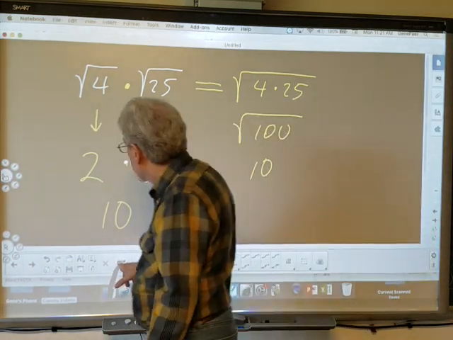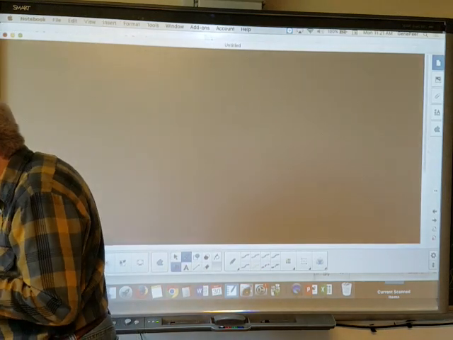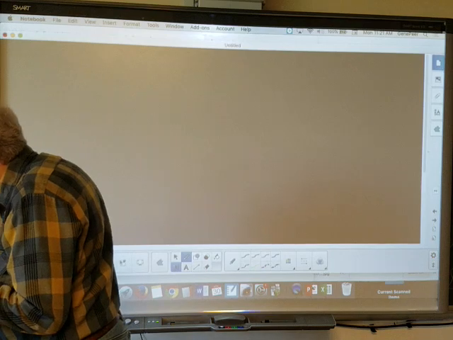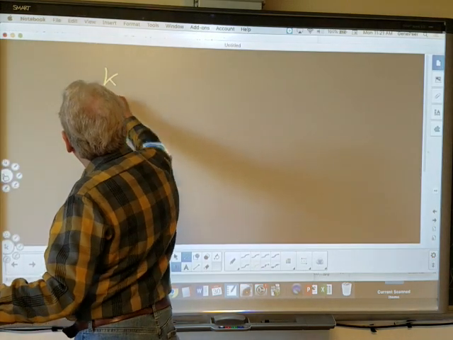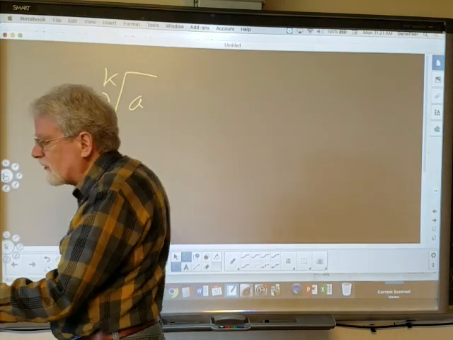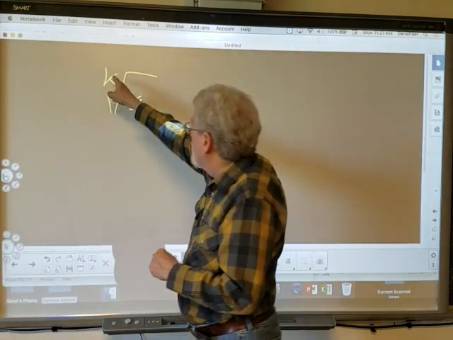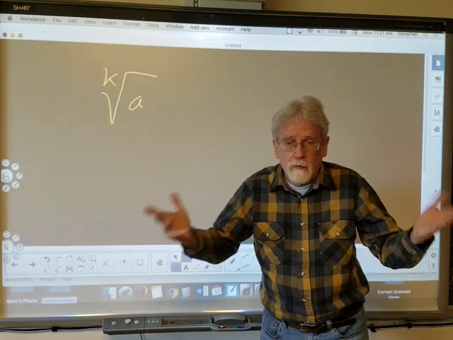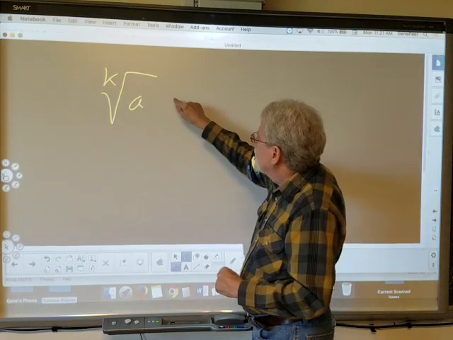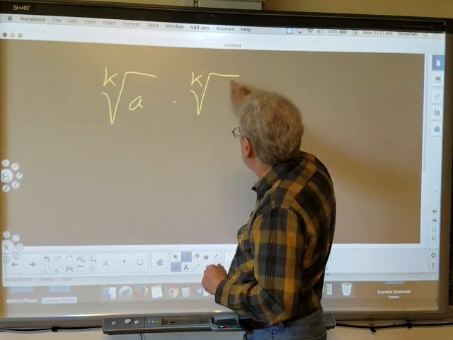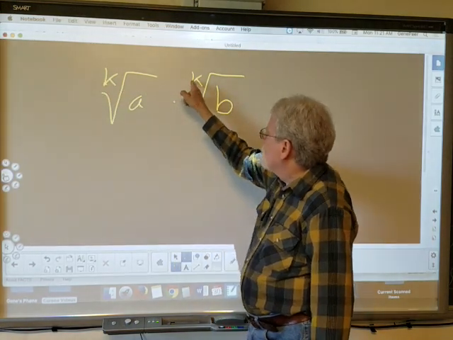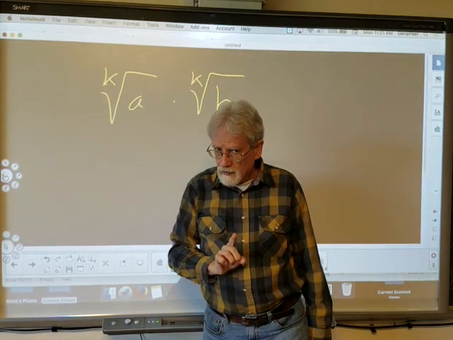The rule, as stated in the box, theorem 7.4 at the top of page 297, says that the kth root of A, and it doesn't matter what the index is, that's why we use a k there, because it could be a square root, cube root, fourth root, it doesn't matter, times the kth root of B. The point here is that the indexes must be the same.